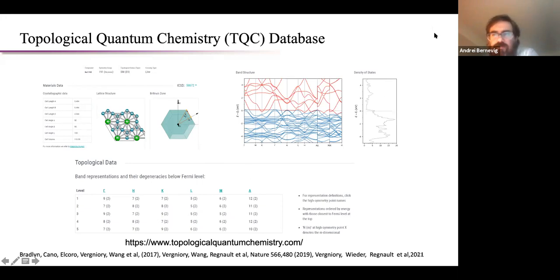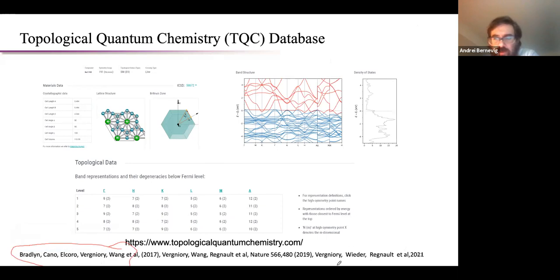So once you have this theory, what are you going to do with it? The immediate thing to do is to use the extensive database of materials built by our collaborators such as Bradlyn, Cano, Vergniory, Wang, et al., or in more recent papers Ranieri, Wang, Regnault.